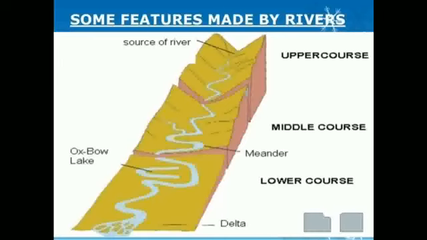In the middle portion, due to erosion and deposition, the river also makes certain features like meanders, oxbow lakes, braided streams, etc. In the lower course of a river at the mouth stage, due to heavy deposition, the river makes the deltas, which are basically triangular in shape. It resembles the mathematical symbol delta. That's why these features are called deltas.